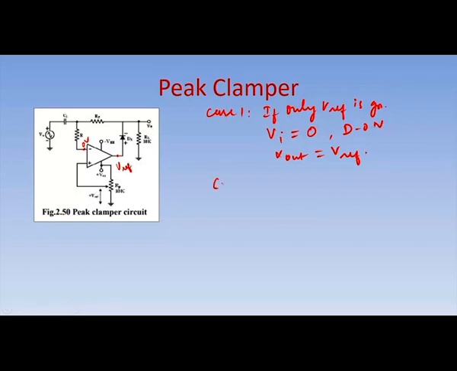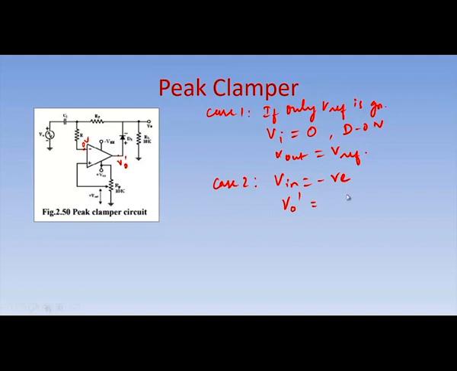And for case 2, if the input signal is negative, if Vin is negative, what happens to the circuit? If Vin is negative and V reference is given, what is the output of the circuit? Negative input voltage. So, you have to calculate the net result at the output. We can take this voltage as VO dash.